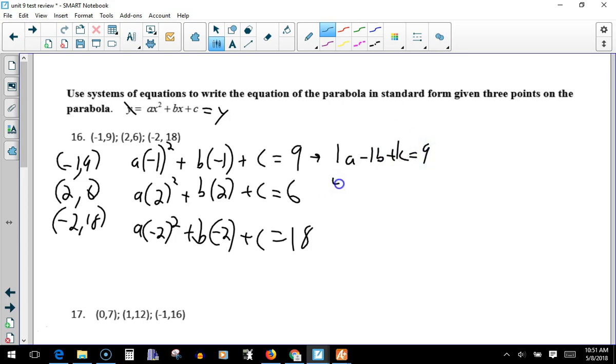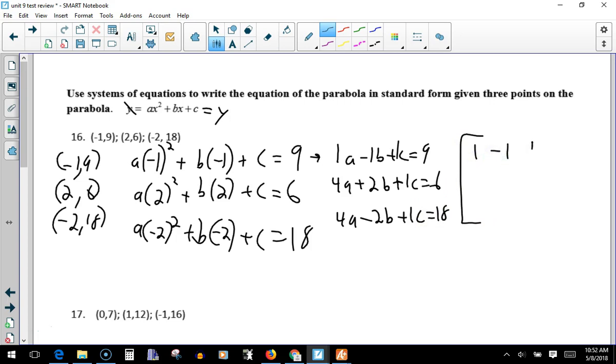And then 2 squared is 4a plus 2b plus always 1c equals 6. -2 squared, remember, is 4a minus 2b plus 1c equals 18. So now I make my augmented matrix. 1, -1, 1, 9. 4, 2, 1, 6. 4, -2, 1, 18.